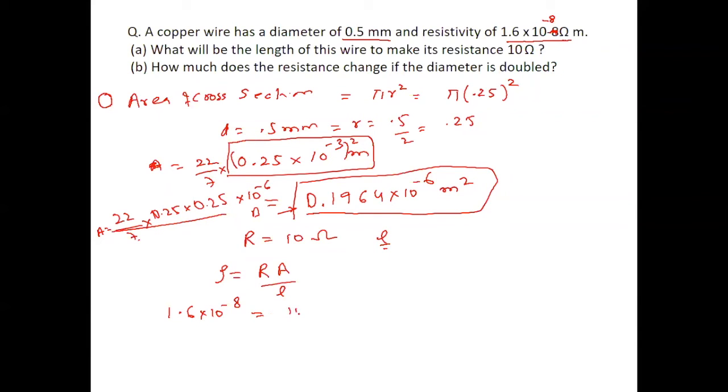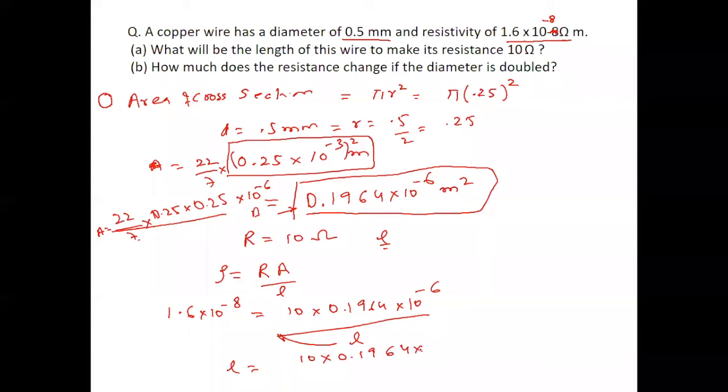R is how much? 10 ohm. Area is 0.1964 × 10^-6. Length is, if we cross multiply, L equal to 10 × 0.1964 × 10^-6 divided by 1.6 × 10^-8, and this comes in meters. Calculate this one.